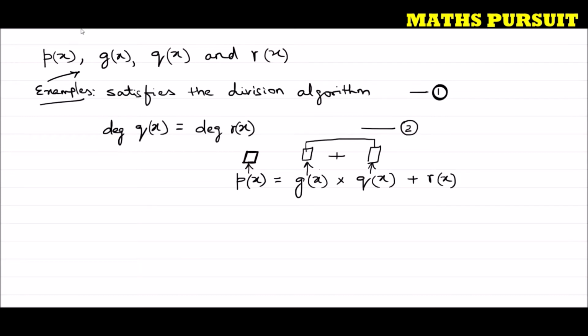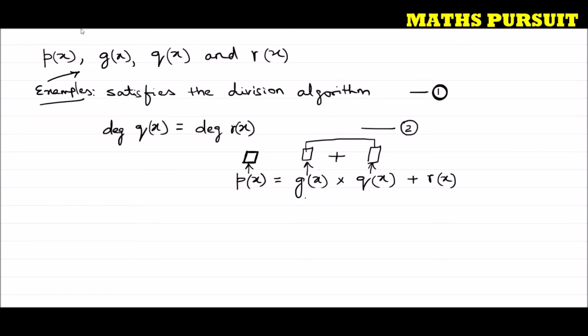This degree of g(x) plus the degree of q(x) gives the degree of p(x). If the degree of p(x) is 2, then the degrees of g(x) and q(x) could be 2 and 0, or 1 and 1, something like that. Altogether, the total of the degrees of g(x) and q(x) should be 2, so that we get a polynomial of degree 2.